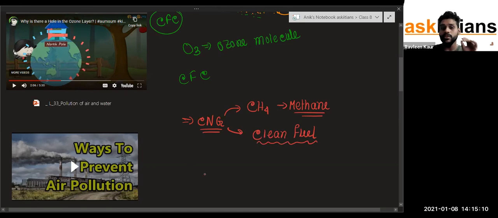So this is methane, CH4. We call it methane, right? This is the major constituent of CNG, compressed natural gas. Now if this methane is burned, burning means reacting with oxygen. You'll learn about it later in class 9.